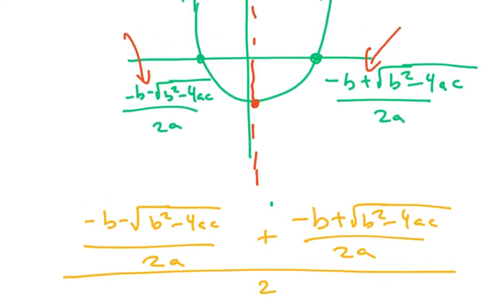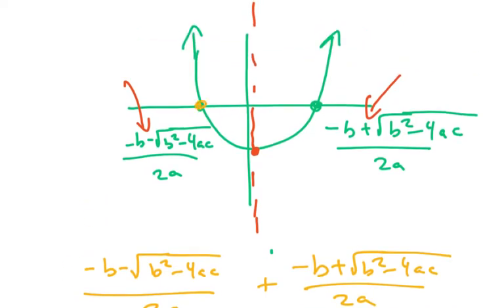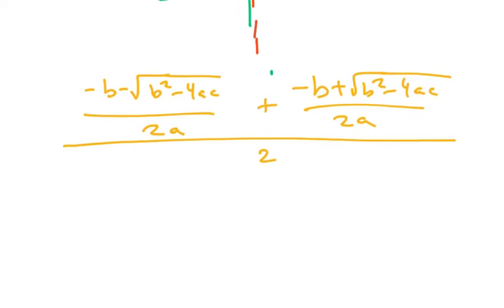The reason I'm mentioning this is that the average of these 2 points would be the vertex. That's how you find the middle. You average them. Because the denominators are the same, and this is a minus and this is a plus, the square roots cancel out.